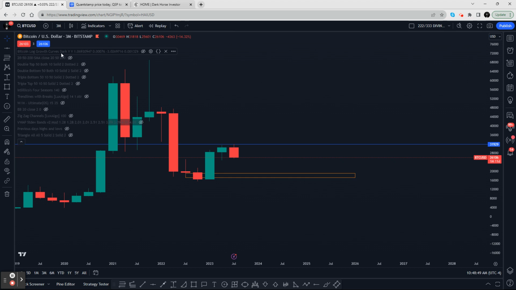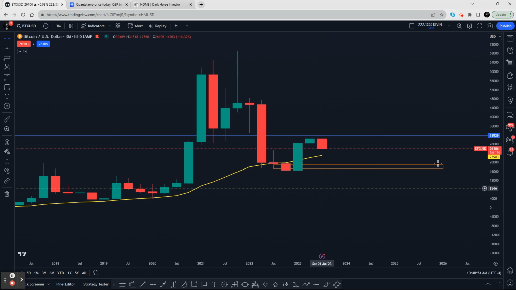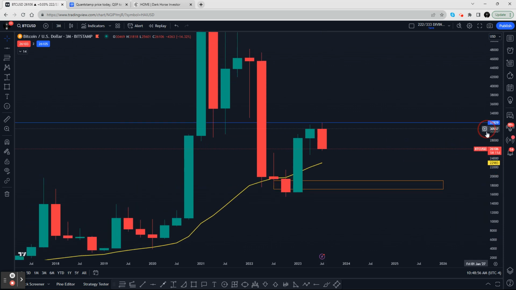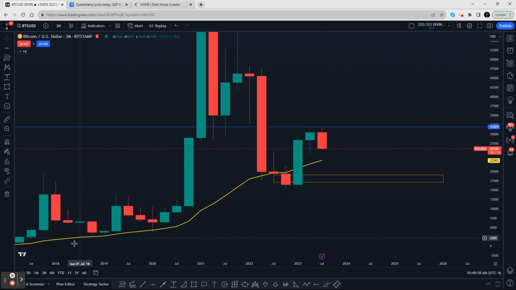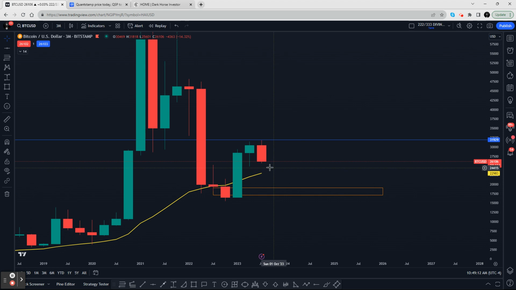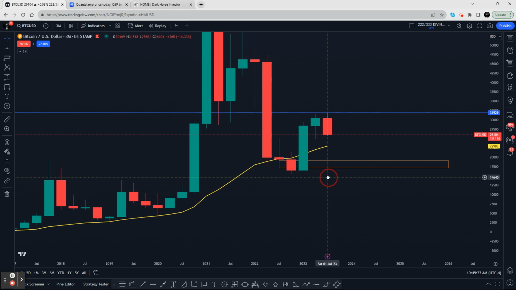Let's throw a couple moving averages on here and see what's happening on the moving average. This yellow is going to be the actual moving average. We're still above the moving average. However, we still could come back down here and retest this moving average, and it could serve as some support. We don't know yet, but we shall see.